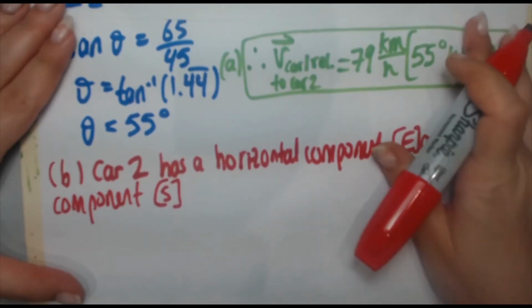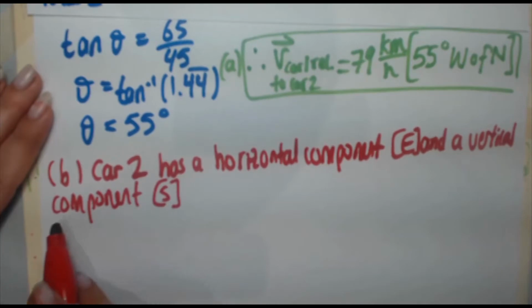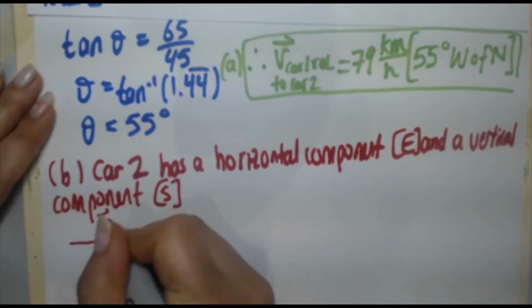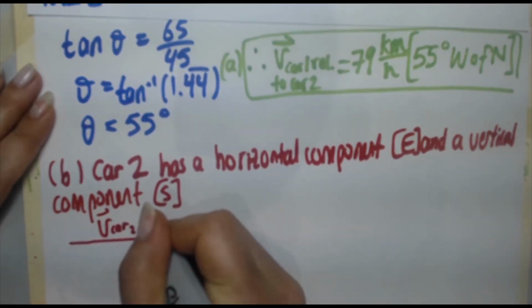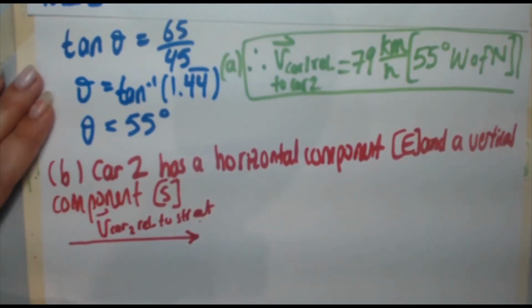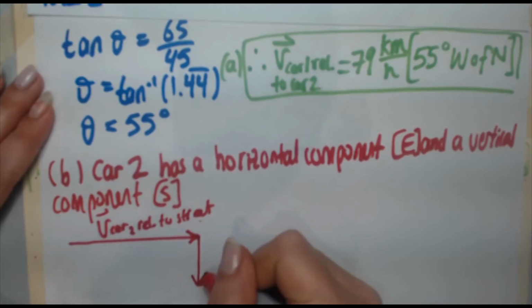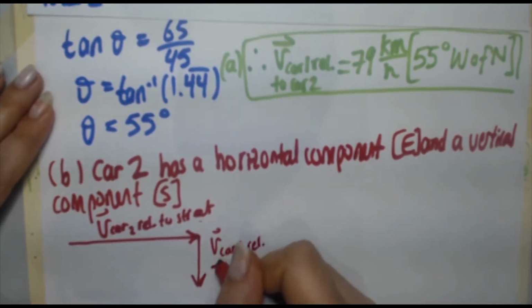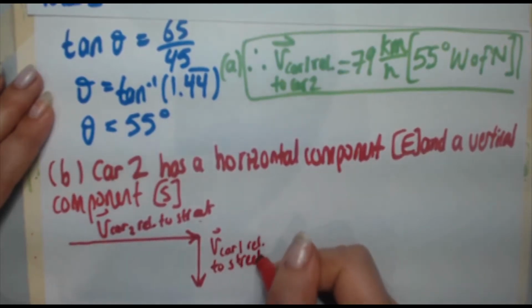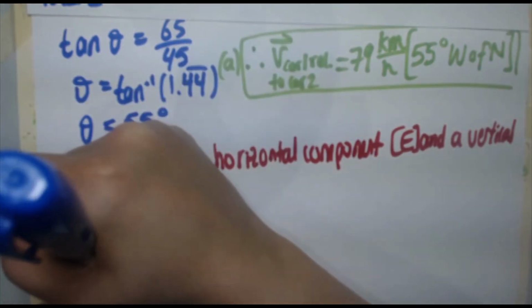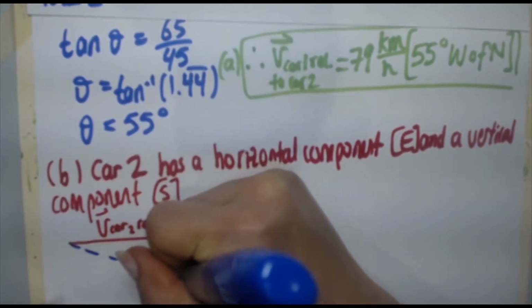So therefore, relative to car 1, we've got an eastward component and we've got a southward component. The eastward component comes from car 2 itself. So this is the velocity of car 2 relative to the street. And then we've got a southward component. That's from car 1. That's velocity car 1 relative to street. And when you add the two vectors together, you're going to get the velocity of car 2 relative to car 1.